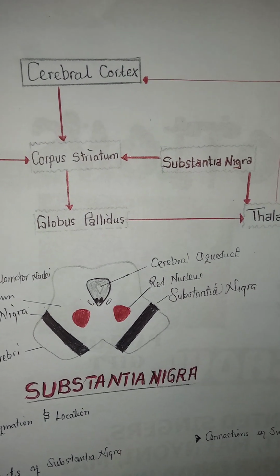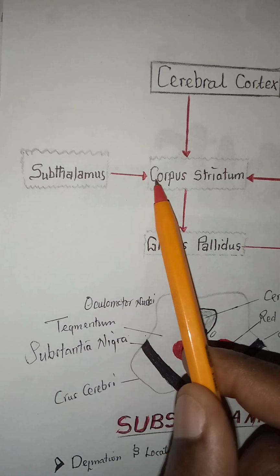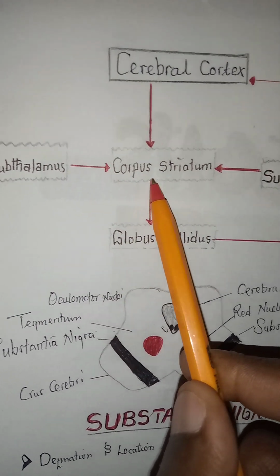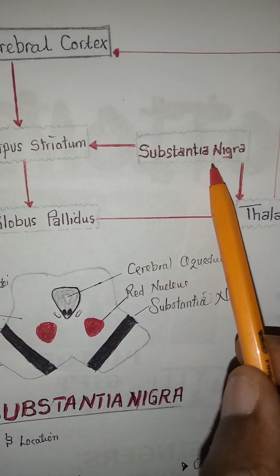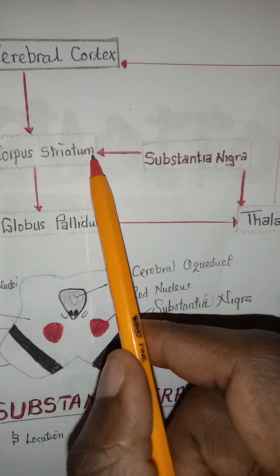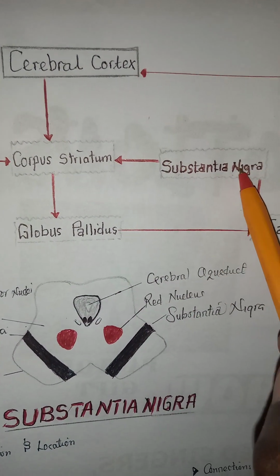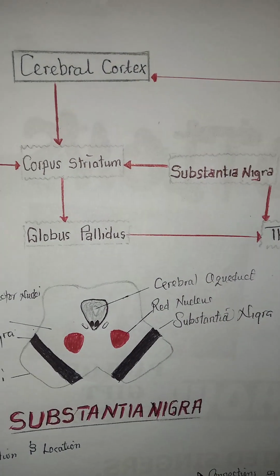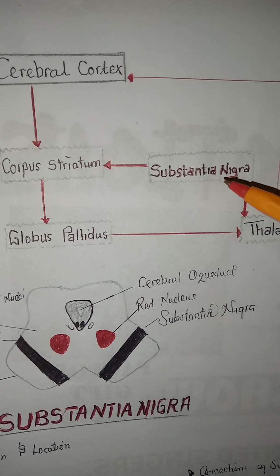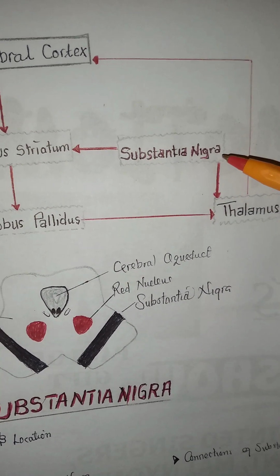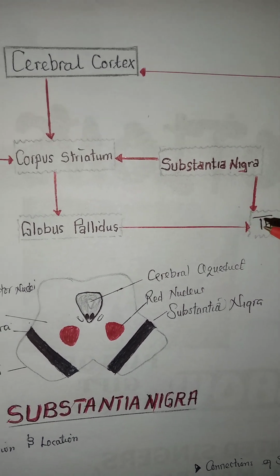But notice that there is also the subthalamus here, which is sending information to the corpus striatum, and there is also this substantia nigra, which is sending information to the corpus striatum. This is our main focus in this video. It can also send information to the thalamus.